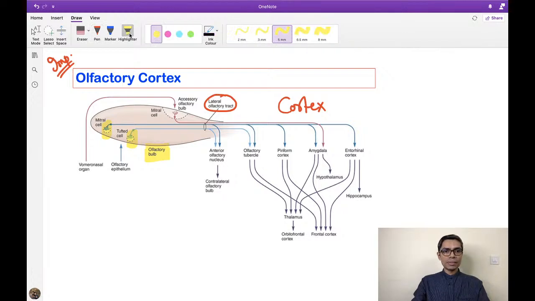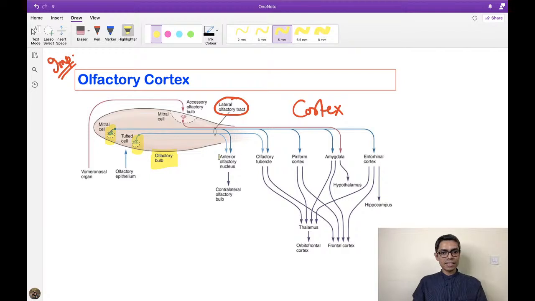What are the different areas? You can see from this diagram that the various cortical areas for olfaction are the anterior olfactory nucleus, right? Okay, olfactory tubercle, piriform cortex, amygdala, and entorhinal cortex. Note down very carefully, very important.